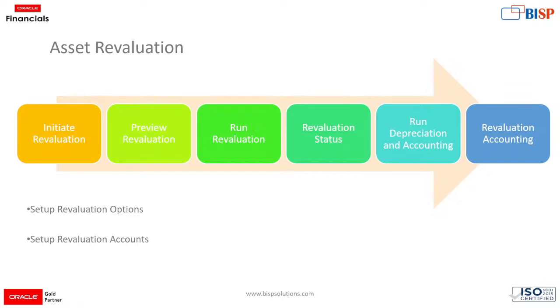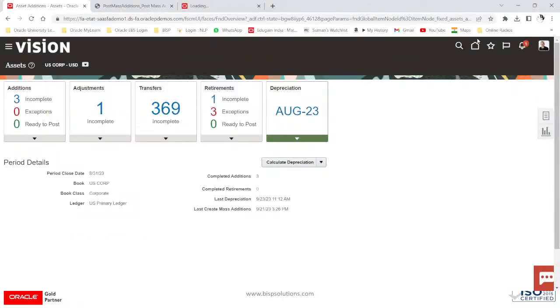Whether it is an increase or decrease, so that you can view the asset on the balance sheet in a very proper manner, right? So let us quickly navigate to see what the setups are.